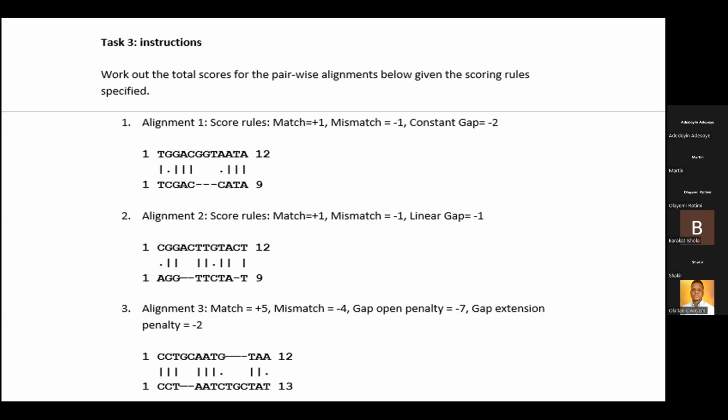To calculate the alignment score, we keep that total for the gaps, calculate the matches and mismatches, and add everything together. For each match you have plus 5. We have 1, 2, 3, 4, 5, 6, 7, 8, so 8 matches. 8 times 5 is 40.